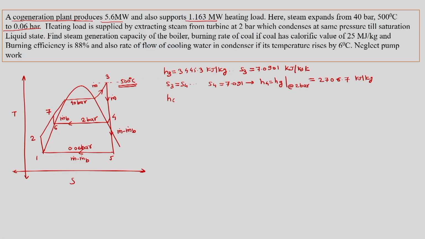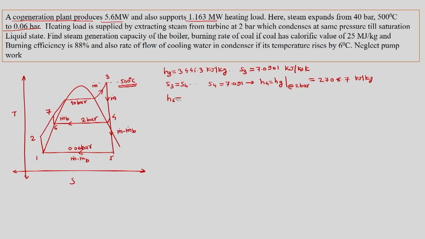Knowing this, we can go ahead and find the heat given. For that we should know H6, the saturated liquid enthalpy corresponding to 2 bar. We can then find the mass flow rate of the bleed stream, since H4 minus H6 is given as the heat load.